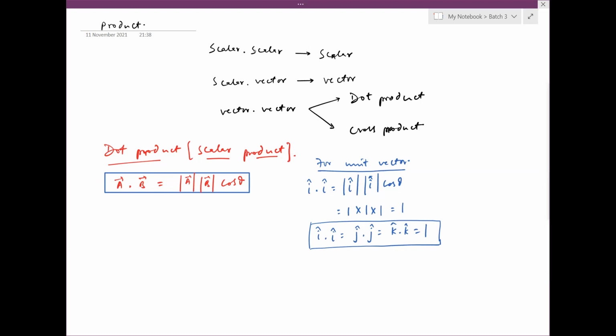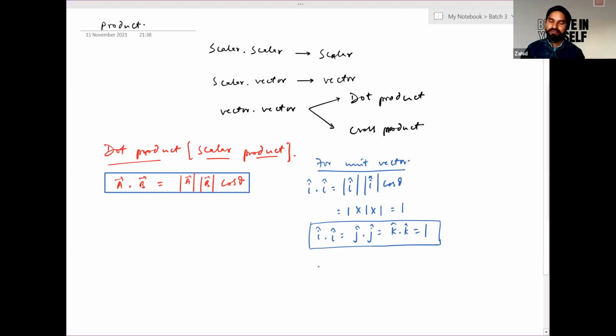Similarly, if you find for different unit vectors, let's say I dot j, it will be mod of I, mod of j times cos theta. Mod of I is 1, mod of j, which is the unit vector along y-axis, will be 1. And the x-axis and y-axis are mutually perpendicular to each other, so theta will be 90 degree and cos 90 is 0.